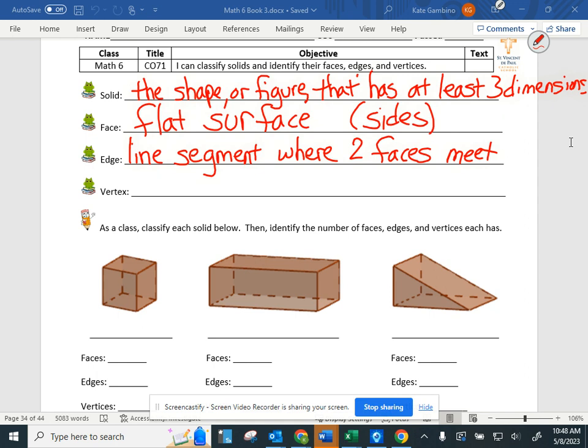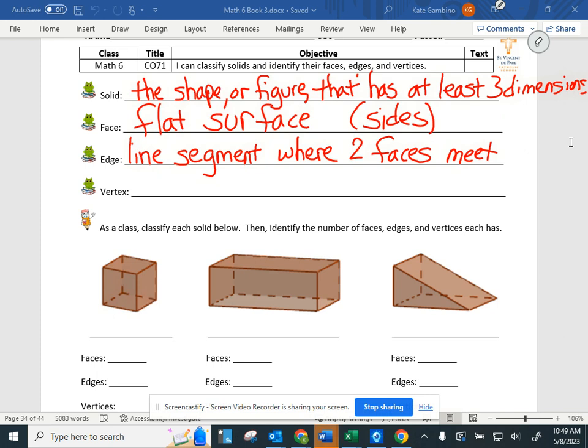You don't see the back side. You don't see the bottom. So that's why we have those dotted lines to show what is in the back of that box that you can't see when you look at it from the front. That's still an edge, even though it was a dotted line. It's still where that back faces meet each other.